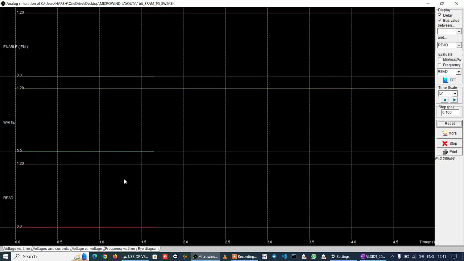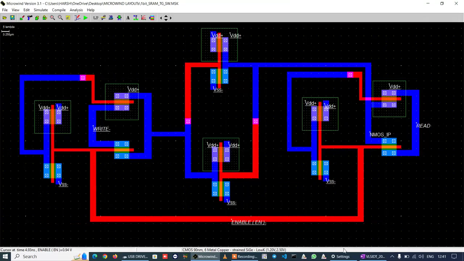Enable equal to 0, write equal to 0, read is again equal to strong 0, which means that irrespective of the change in value on write line, the read line does not change, that is, it is don't care.